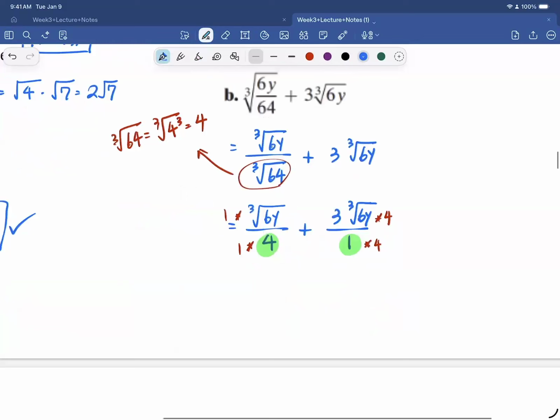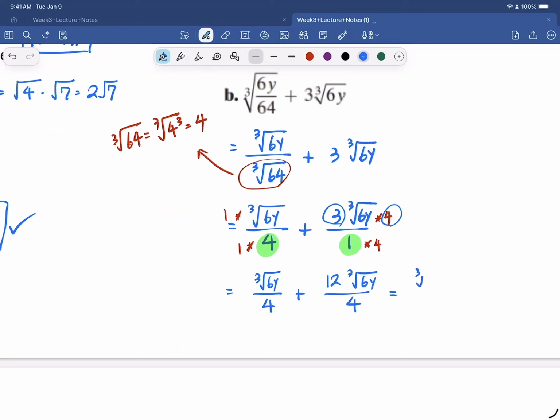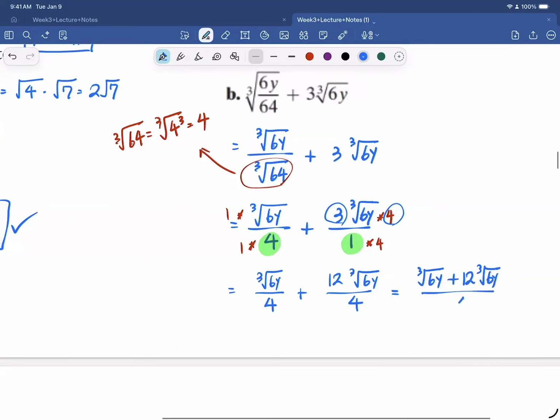So this one is third root of 6y over 4 plus 12, because 4 times 3 is 12, and third root of 6y over 4. So we have third root of 6y plus 12 and the third root of 6y over 4.